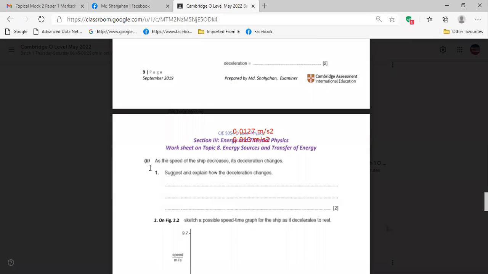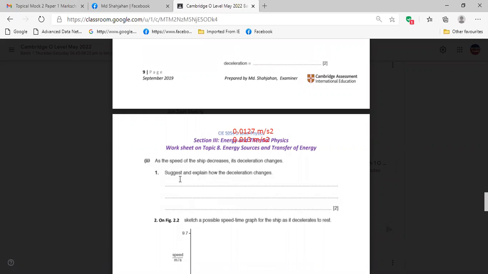As the speed of the ship decreases, its deceleration changes. Suggest and explain how the deceleration changes. In our last class, at the last moment you got disconnected, right? Only Monica was there. That's why I think you missed this part. So we are repeating it.